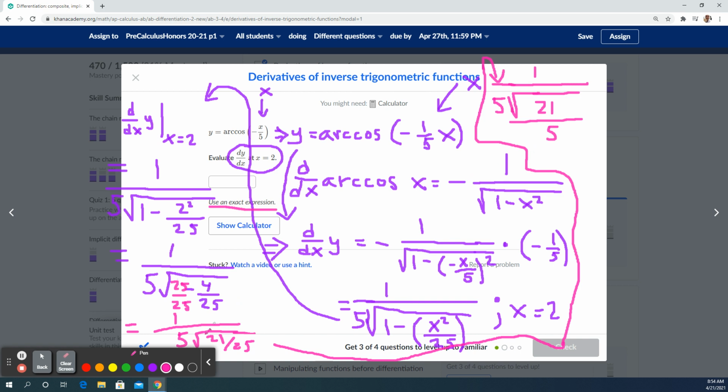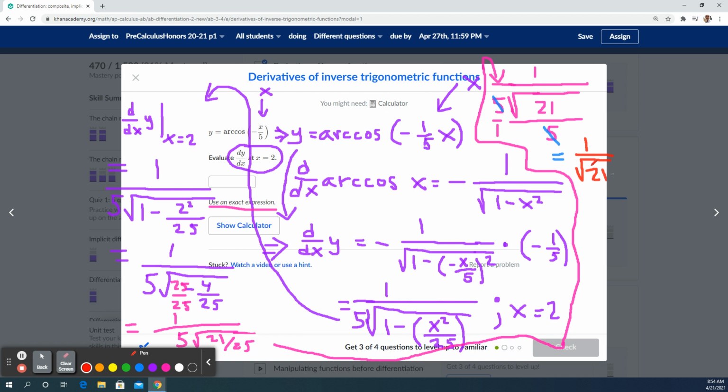All right, so that's 5 times all of this. That's like a 5 over 1. And notice the 5 cancels. And looks like we finally get 1 over the square root of 21.